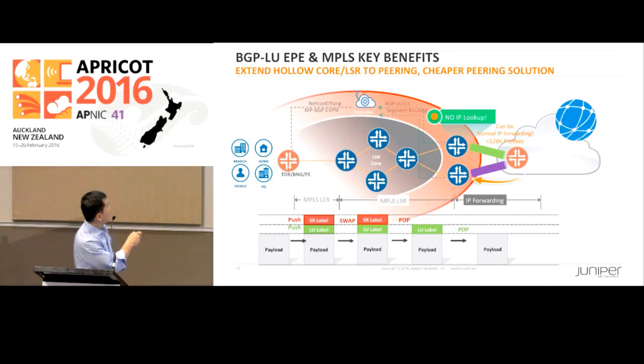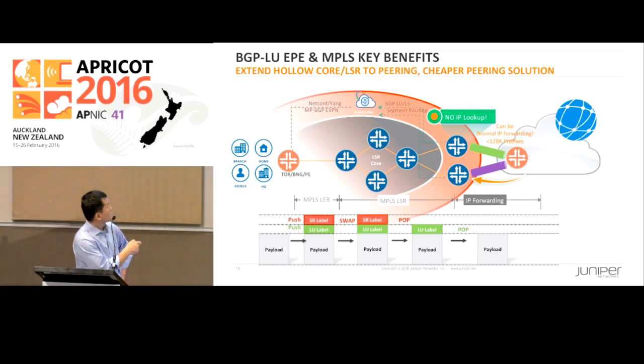On another layer, the peering part, we talked to some web OTTs in China and worldwide. They mentioned that there are 20 peering routers, and every router is very costly. With this method, you can easily migrate to a simpler solution. The idea is that this part is MPLS lookup, no IP lookup at all. But if traffic comes from the internet to your networks, that can be IP lookup, or it can be MPLS lookup as well.